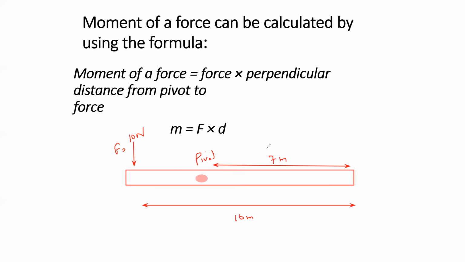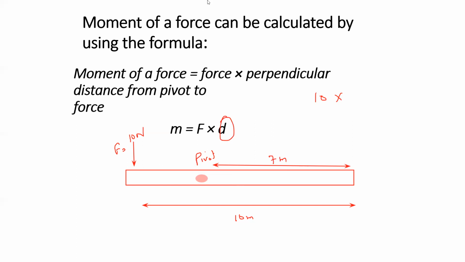So how do we calculate the moment? The moment is force multiplied by the perpendicular distance of the force from the pivot. So what is the force given here? That's good, Abdullah Sarfraz, the force which is given is 10. But what about the perpendicular distance? We take the perpendicular distance from force to the pivot.